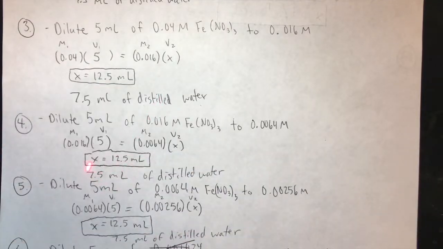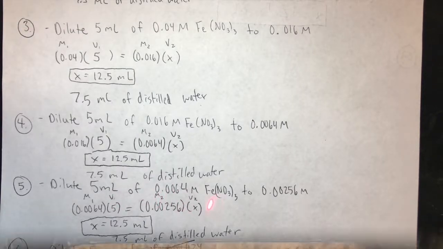So now we take 5 milliliters of our 0.0064 molar iron nitrate, and we're going to dilute it to 0.00256 molar. Using the M1V1 equals M2V2 equation, we see that we also need 12.5 milliliters of total liquid for this equation. So we need 7.5 milliliters of distilled water added to our 5 milliliters of the previous diluted iron nitrate.